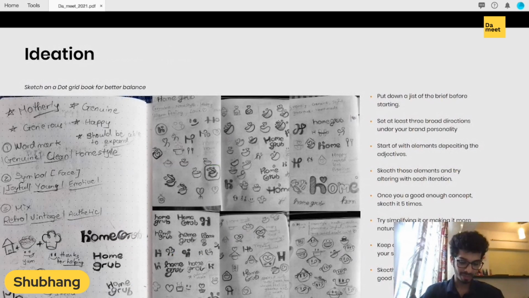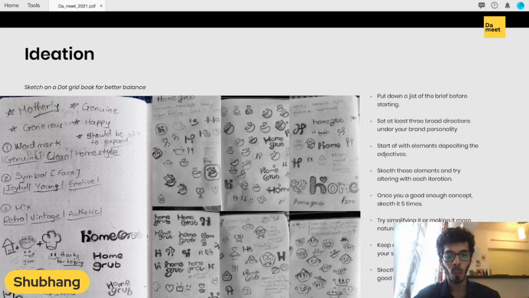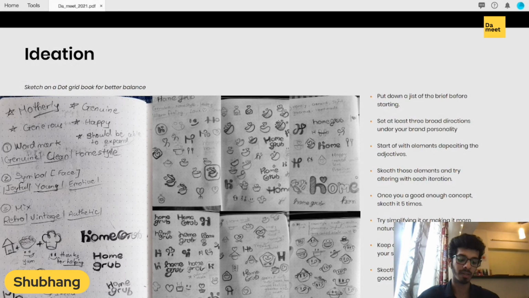So okay, now we have our references in place. Once we have that in place, now we can start designing. Now we can start doing the fun stuff. So again, taking the example of that home food app, what we were tasked with here was, of course, to start with the logo design, then make the entire branding.